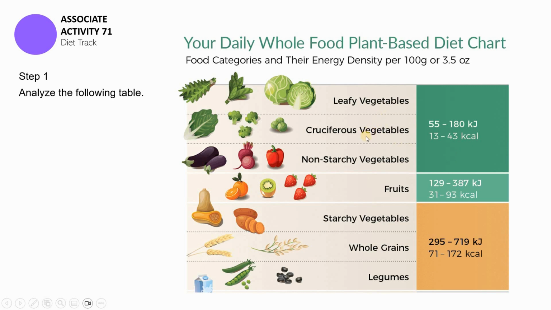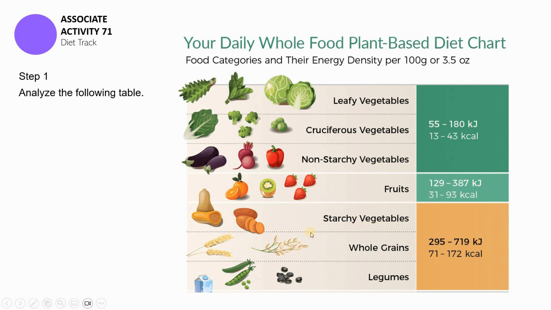As you can see here, leafy vegetables, cruciferous vegetables, and non-starchy vegetables have 55 to around 180 kilojoules or 13 to 43 kilocalories. Fruits have 129 to 387 kilojoules or 31 to 93 kilocalories.